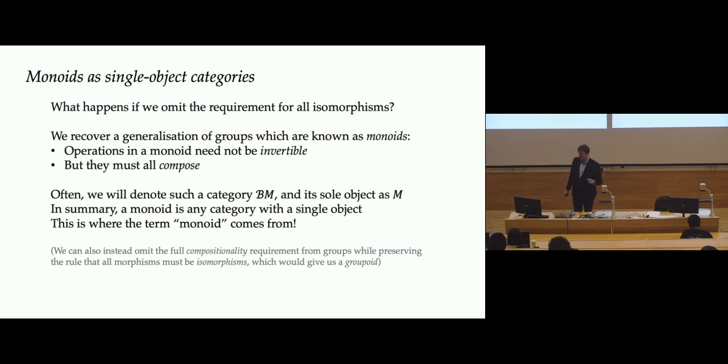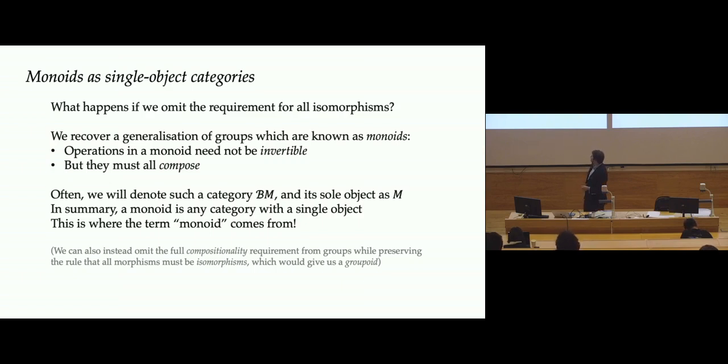Okay, now what happens if you just have a single object category but omit the requirement that all morphisms must have inverses? You actually end up with another generalization of groups, which are known as monoids. You might have seen monoids if you've studied abstract math before. So here, your operations in a monoid no longer need to have inverses, but they must all compose.